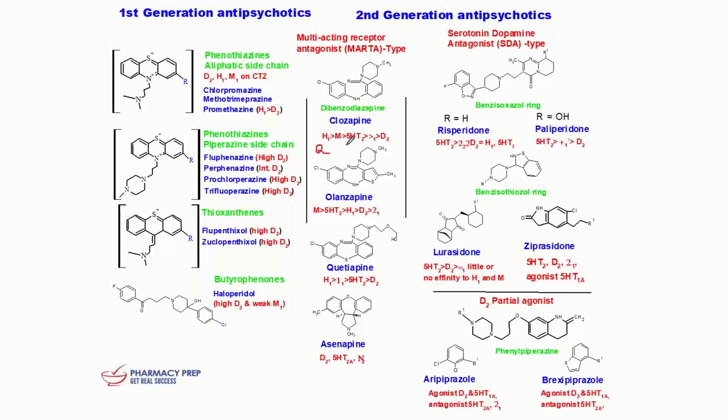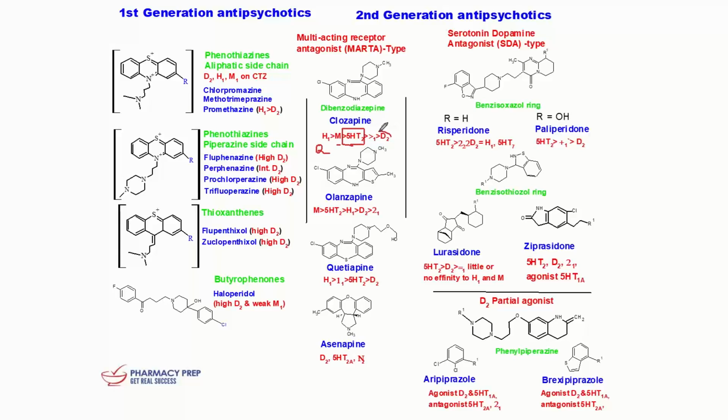And since it acts on muscarinic receptors, it also has anticholinergic side effects. And being a 5-HT2A antagonist, the advantage is that these drugs are also used for treating negative symptoms. It helps in improving negative symptoms because 5-HT2 lowering helps in mesocortical pathways to increase the dopamine and helps in treating negative symptoms.